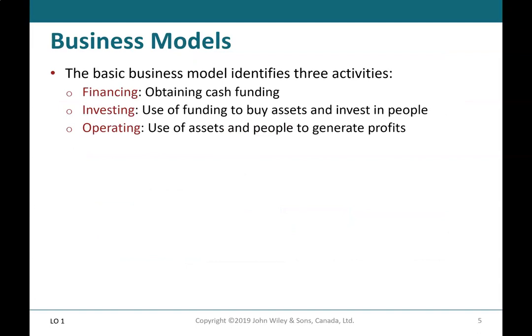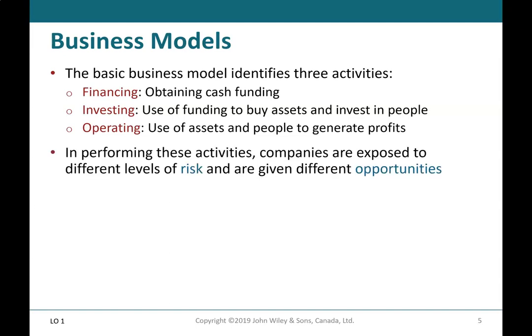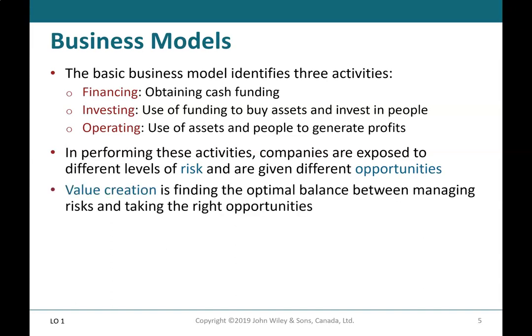Business models. The basic business model identifies 3 activities: financing, obtaining cash funding; investing, use of funding to buy assets and invest in people; and operating, use of assets and people to generate profits. In performing these activities, companies are exposed to different levels of risk and are given different opportunities.